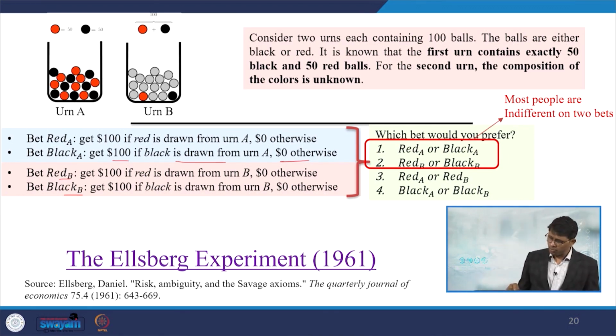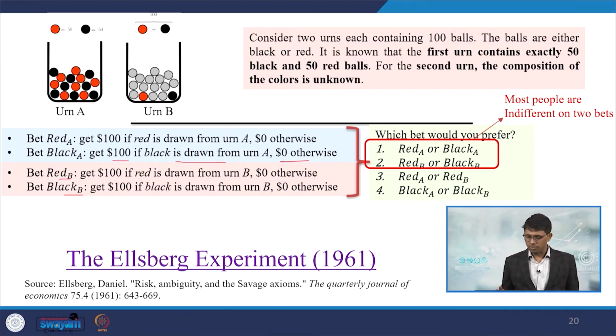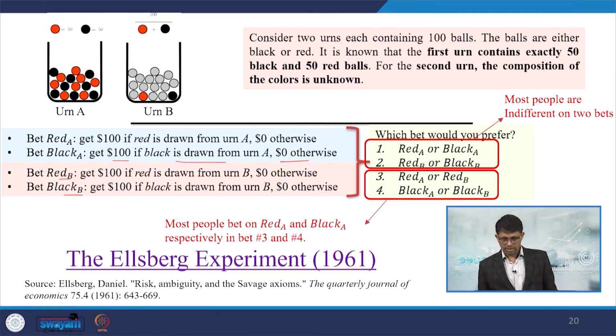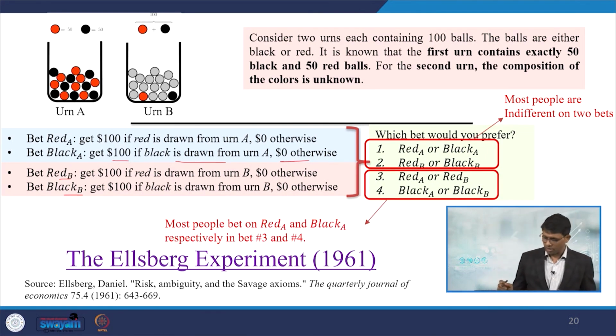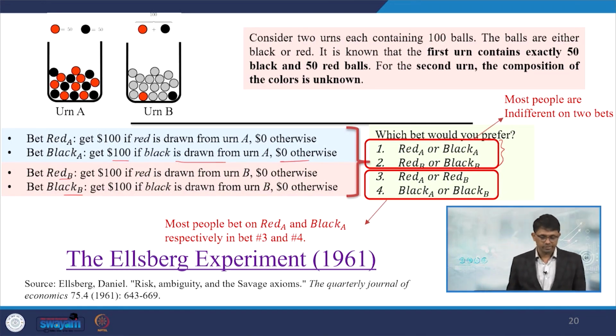These two bets are indeed indifferent, but the people mostly prefer these two. Out of these 4, 2 are indifferent to each other, and similarly the other 2 are indifferent. However, most people bet on red A and black A because it has a 50% chance, and respectively in bet 3 and bet 4.